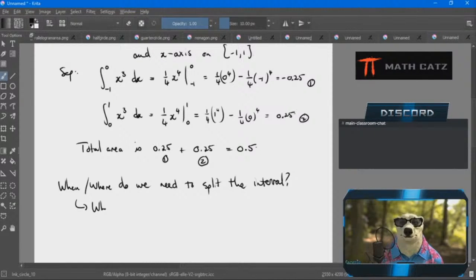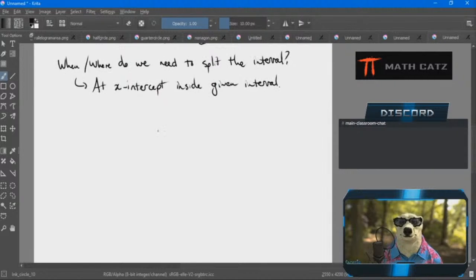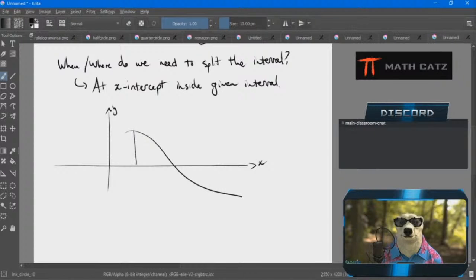Or let's say here at an x-intercept inside the given interval. So that's always going to happen. If I have a graph, regardless of what it is, if in my interval there is an x-intercept, that means it's going to cross the x-axis potentially.